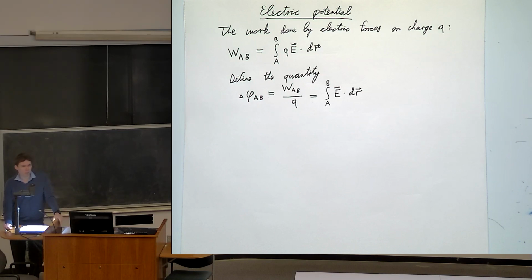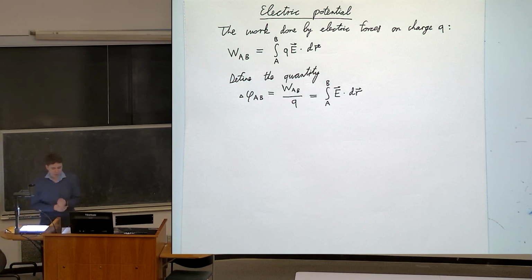Why does it make sense to consider such a quantity? That's the work done on a unit charge by the electric field when this charge is moved from A to B. From this expression, it's clear that this quantity is the property of the electric field only and does not depend on the charge. So it's a property of the electric field in space.